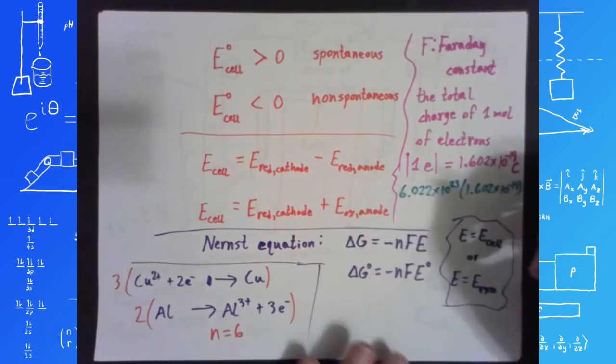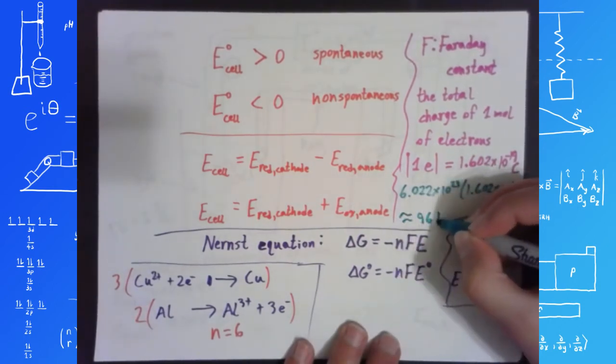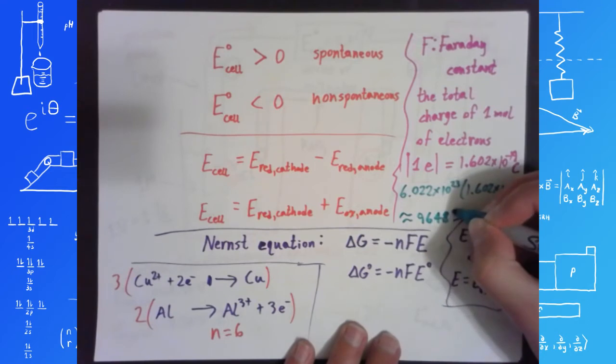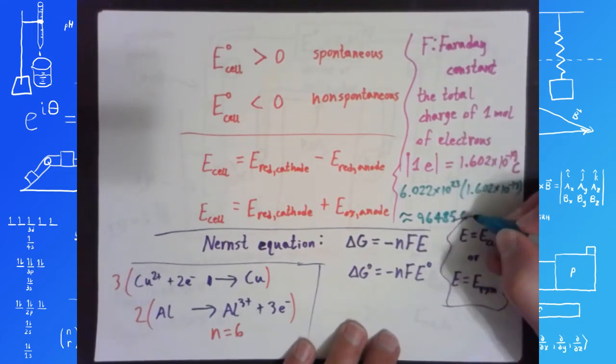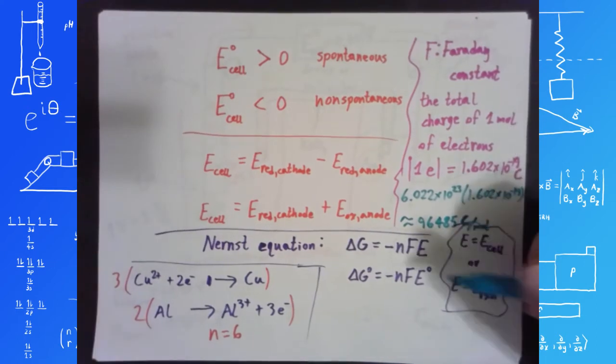What they'll tell you in textbooks is that it's going to be 96,485 coulombs per mole of electrons exchanged. And usually they'll round it to 96,500.